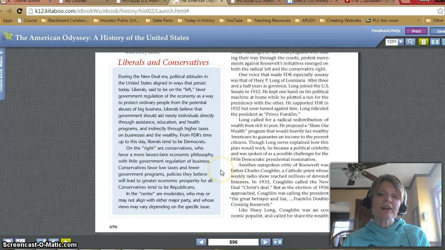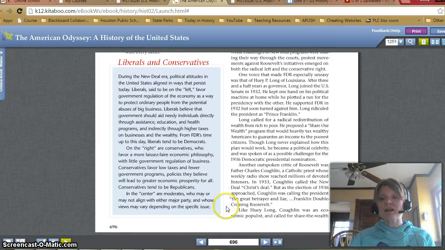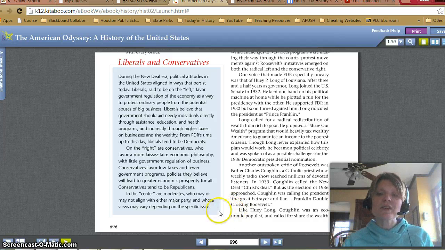Another outspoken critic of Roosevelt was Father Charles Coughlin, a Catholic priest whose weekly radio show reached millions of devoted listeners. In 1933, Coughlin called the New Deal "Christ's deal," but as the election of 1936 approached, Coughlin was calling the president the great betrayer and liar, "Franklin Double-Crossing Roosevelt."